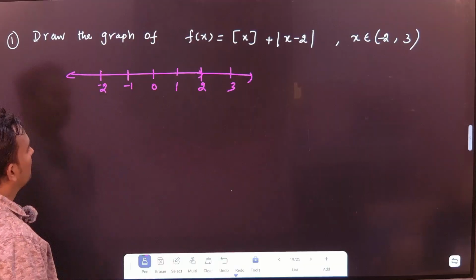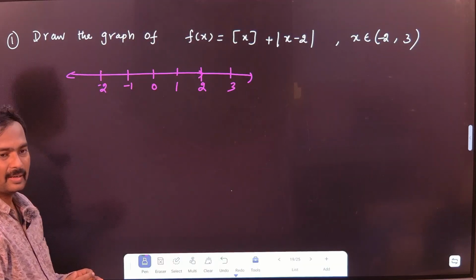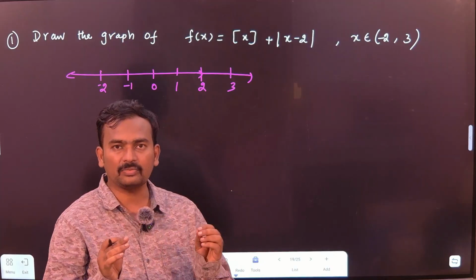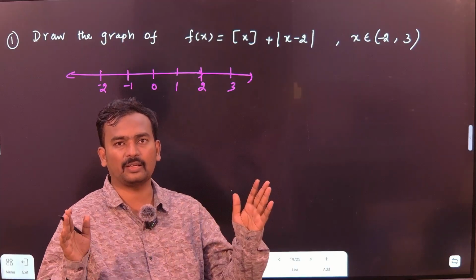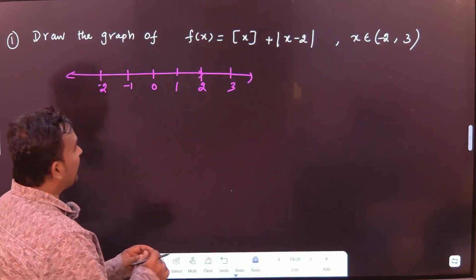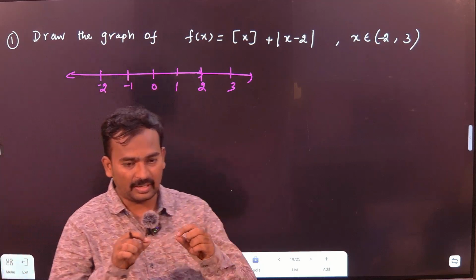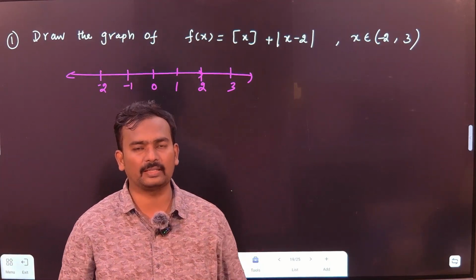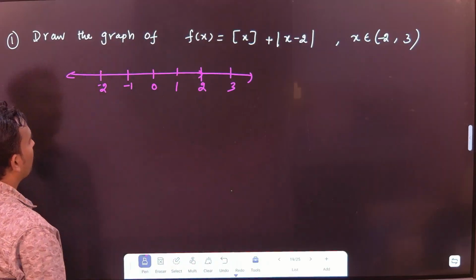Clear? So why are we taking like this? Because we know that the greatest integer function is breaking at all the integer values, right? So you have to break it, because in different integer intervals, you will get different values of y, right? That's why we are breaking this one.